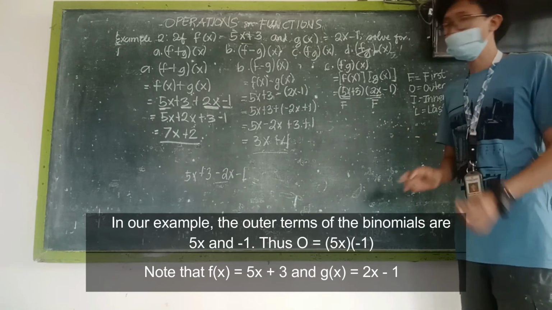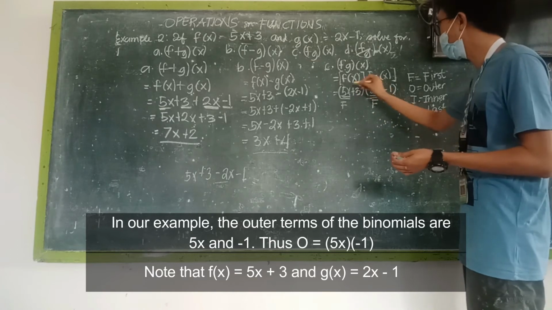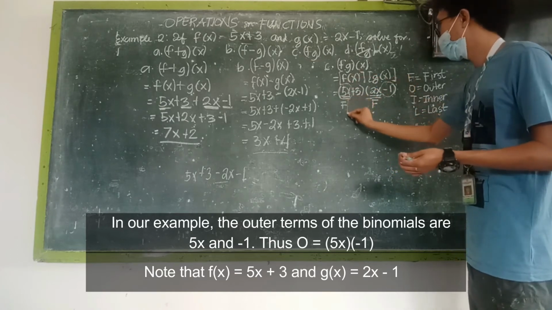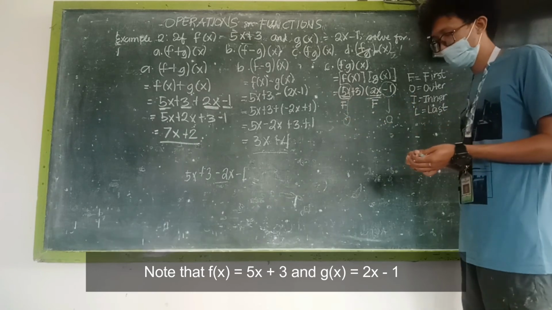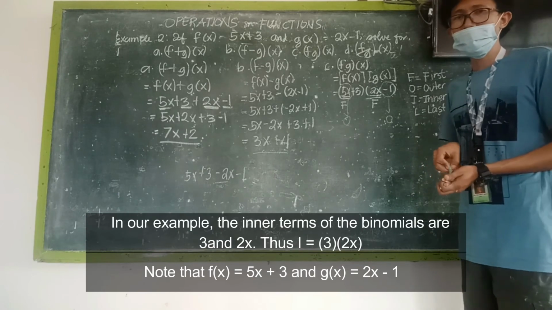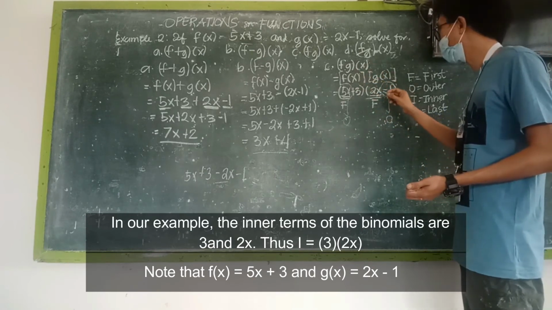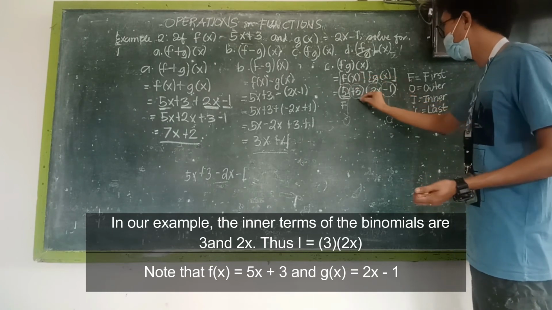Ang outer naman, ito yung mga nasa labas na terms ng binomial. So in this case, we have 5x and negative 1. So those indicated in yellow are the outer. Ang inner naman, nasa loob ng operation ng multiplication. So in this case, we have 3 and 2x kasi nasa loob siya.